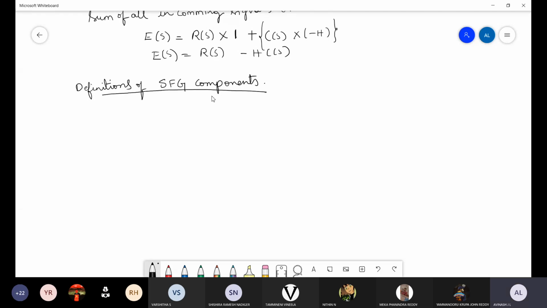Consider the signal flow graph shown below. So write down the signal flow graph which I am writing now.